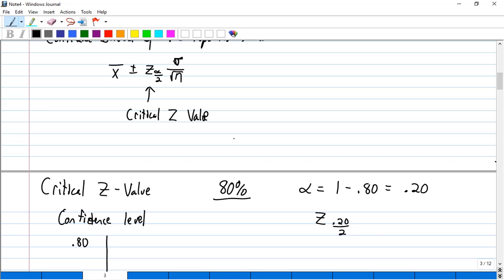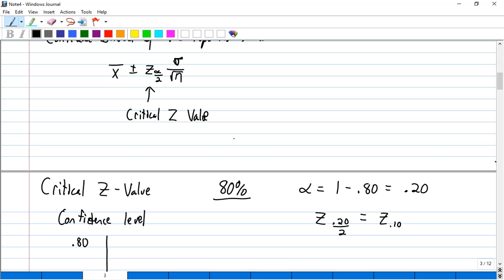So what is 0.20 divided by 2? Some of you can probably do that in your head, right? That's 0.1. So that would be z sub 0.10. You follow me so far?